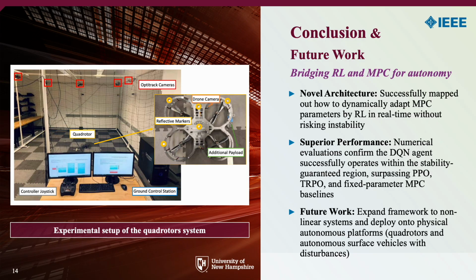In conclusion, this paper introduced a novel framework that integrates reinforcement learning to dynamically tune MPC parameters, specifically the weighting matrix and the prediction horizon, in real time. To address the critical challenge of ensuring closed-loop stability during this arbitrary switching sequence, we developed a two-stage safety mechanism.